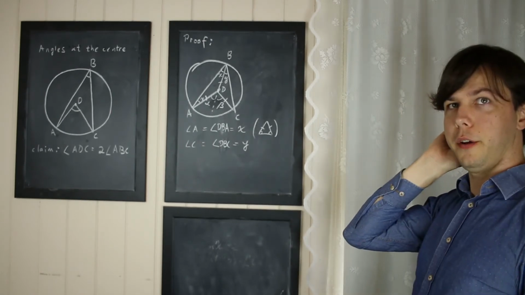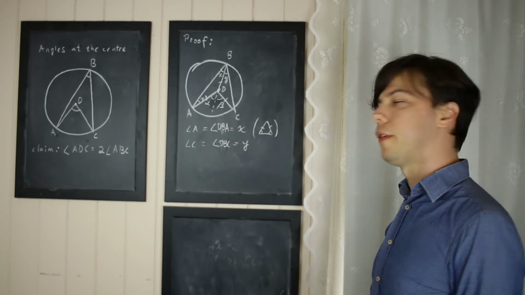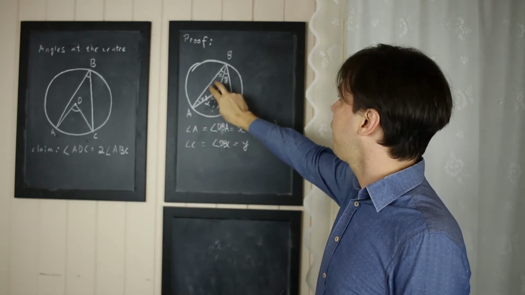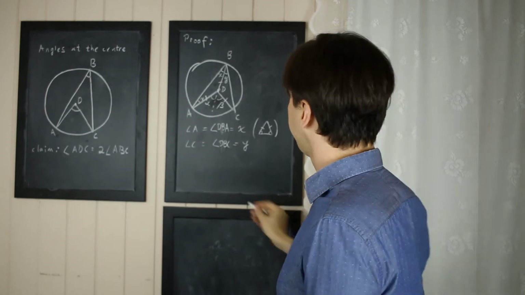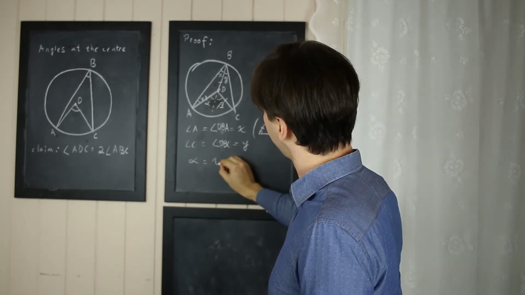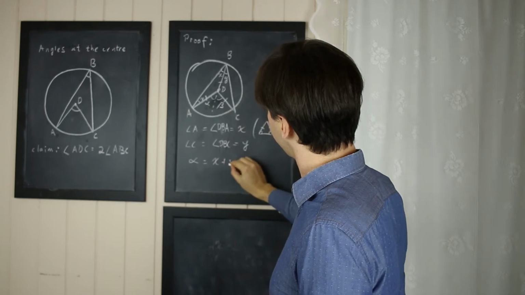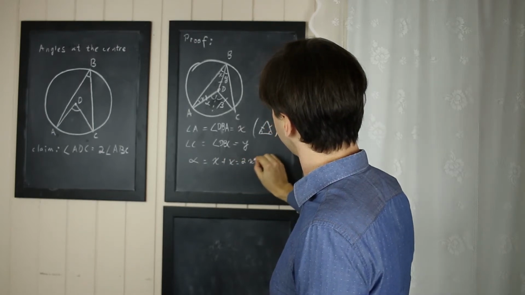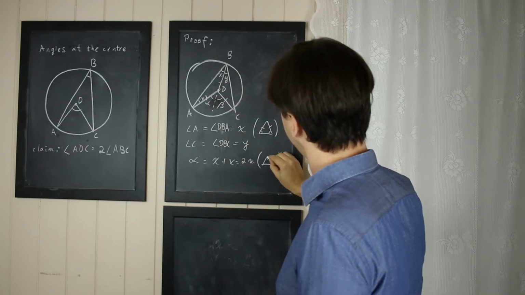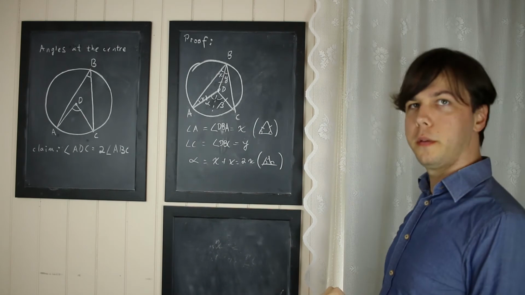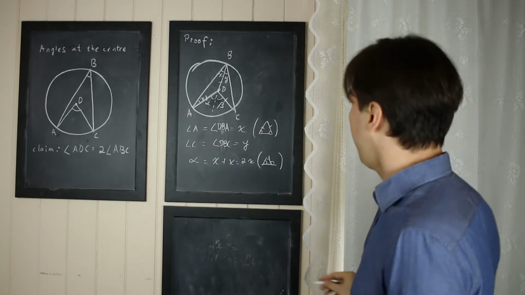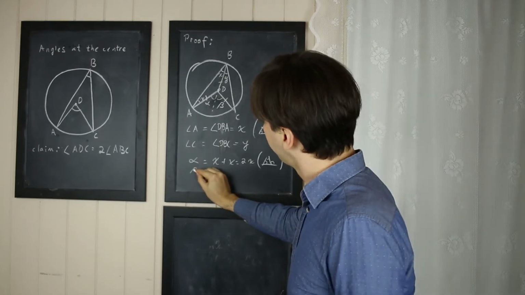Okay, so now note that this angle alpha is the external angle to this triangle, and so okay, that's using the external rule that the external angle is equal to the sum of the opposite two internals, and then we'll go ahead and do the same thing.